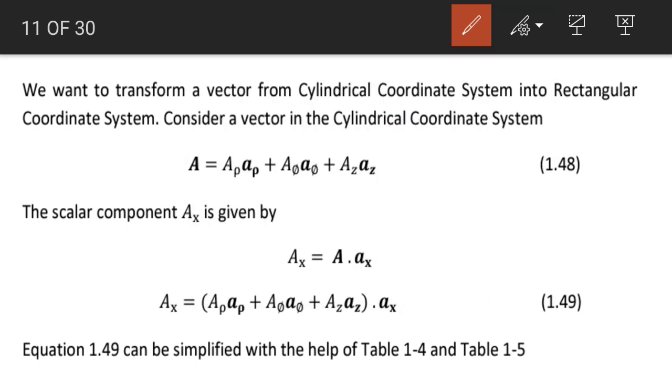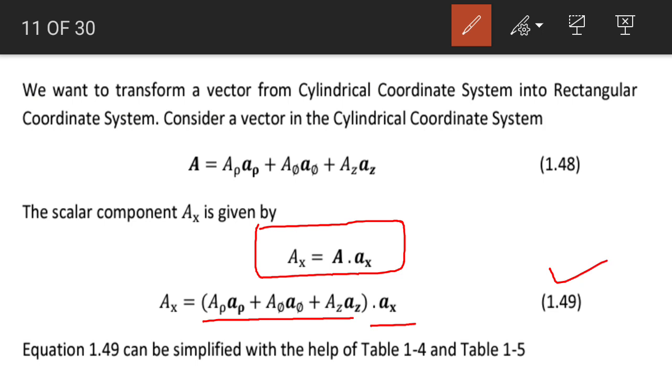We calculate the x component of this vector with the help of this particular equation. We know that A_x will be equal to A dot a_x. So we put the value of A on the right hand side of this equation. This is A, and we consider dot a_x over here, and we simplify the right hand side of equation number 49 with the help of table number 1.4 and table number 1.5.